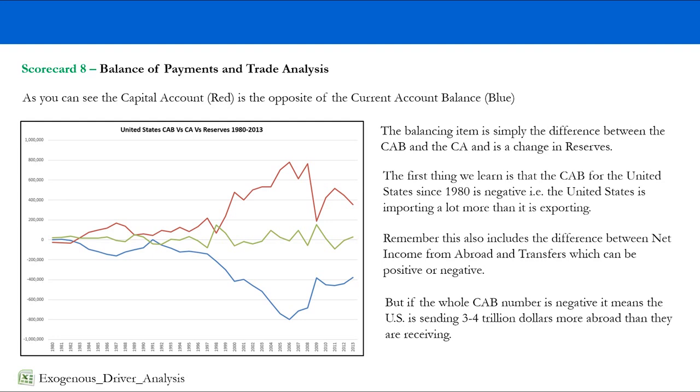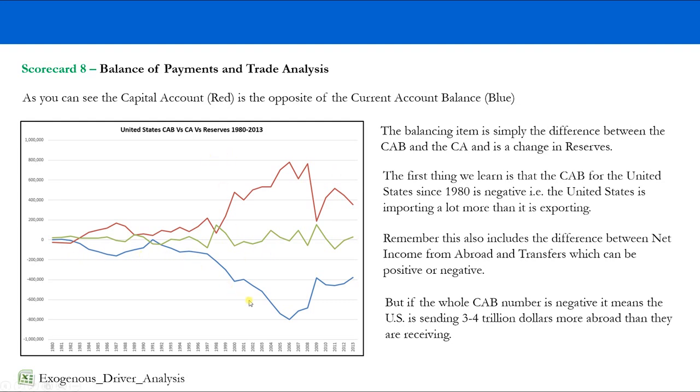The way to view this, to keep things as simple as possible, is that if the whole current account balance is negative, it basically means the US is sending $3 to $4 trillion worth of foreign currency reserves more abroad than they are receiving in dollars back.